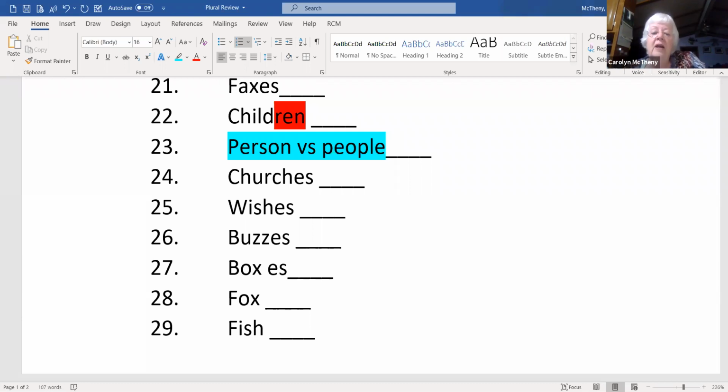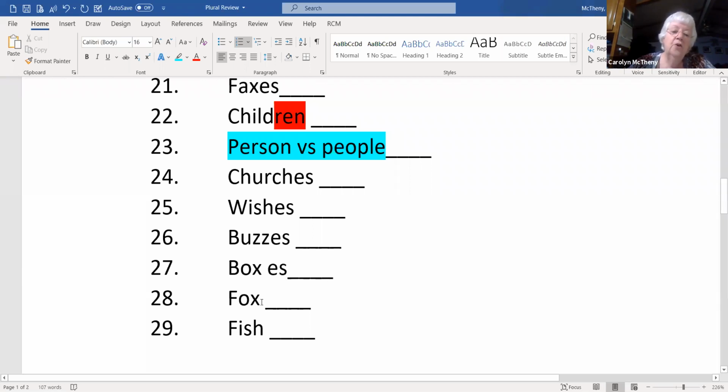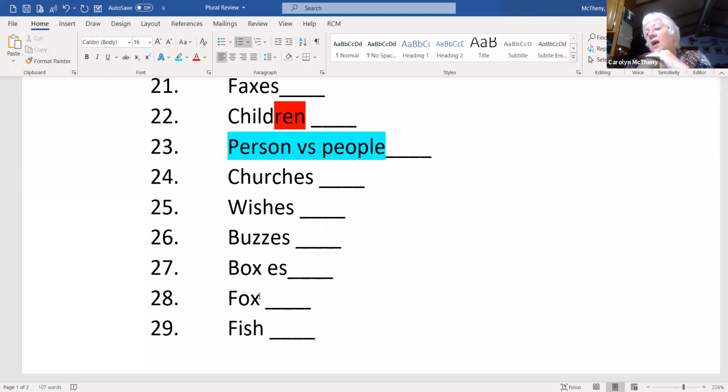Okay, one more, Marty. I want to be sure you get this. Okay? We're going to move down to fox. Two foxes. Okay, it ends with what letter? It ends with X. So how are we going to make it more than one fox?